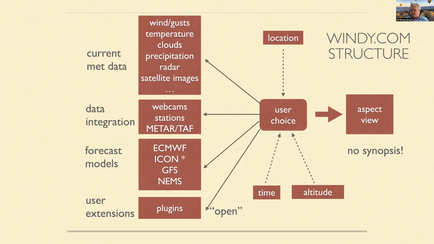And if you choose that layer on the map and see a little green ring, that indicates an airport where VFR, or visual flight rules, conditions are currently being reported. So that's the data integration layer.